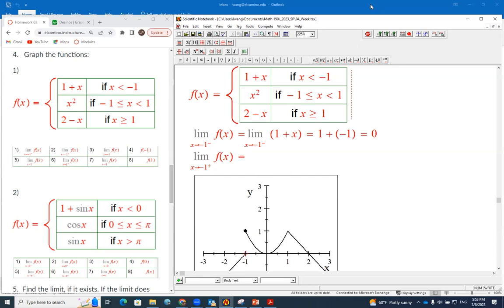When we approach -1 from larger than -1, this rule is used, x squared, because this is from greater than -1. When you show work, you want to write it down and show your teacher the second rule is used, which is x squared. So it's a direct substitution again: -1 raised to the power of 2 equals 1.